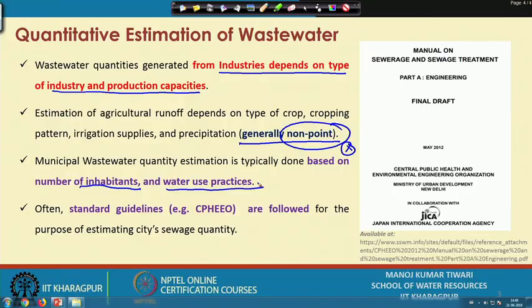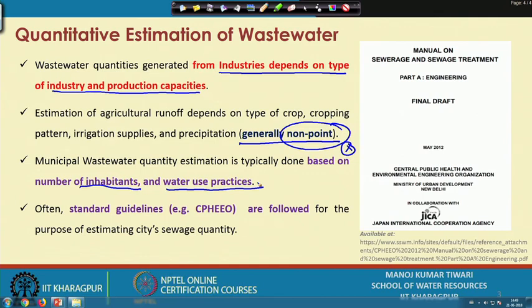If that 100 liters of water is being consumed by a person, the person is bearing some losses, minor losses. All the water which is being used is likely to be released back. So, that will give an idea of the total wastewater generated per person, or per capita wastewater generated.